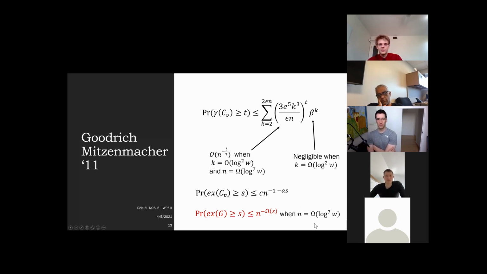And also having this restriction that this condition only applies when n equals omega log to the 7w means that for oblivious RAM protocols, you need to have some other kind of tables for n less than log to the 7w. And in practice, for values of w that you might care about, log to the 7w might be larger than w.